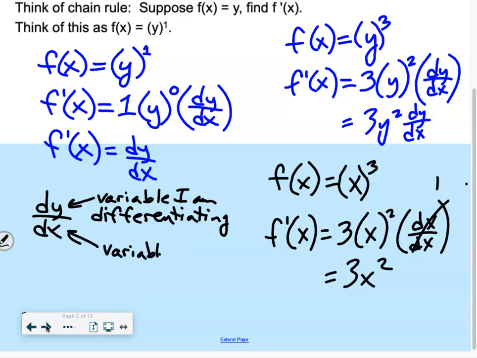I'm going to abbreviate differentiating with respect to. This is what I'm taking the derivative of, and this is what it's with respect to. Top is what you're differentiating, bottom is the with respect to.